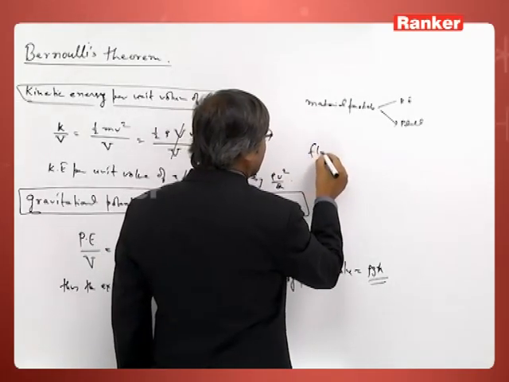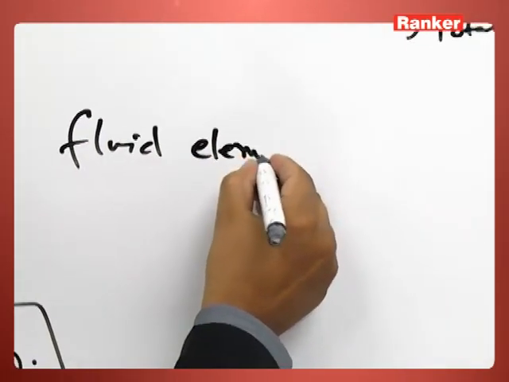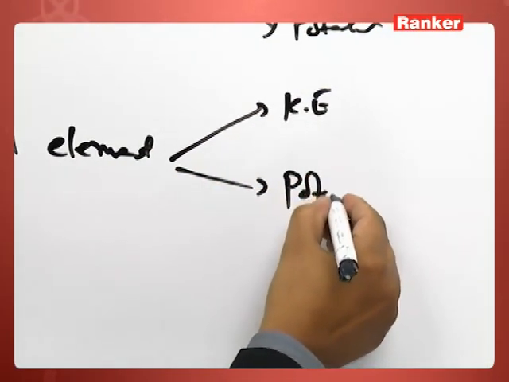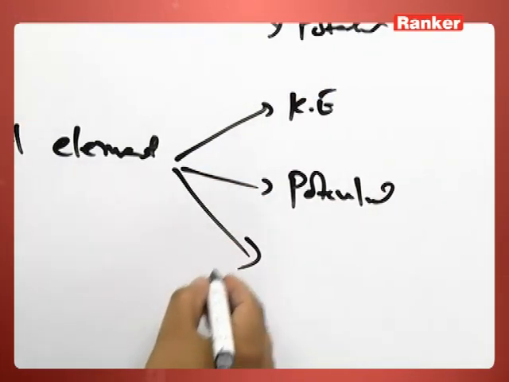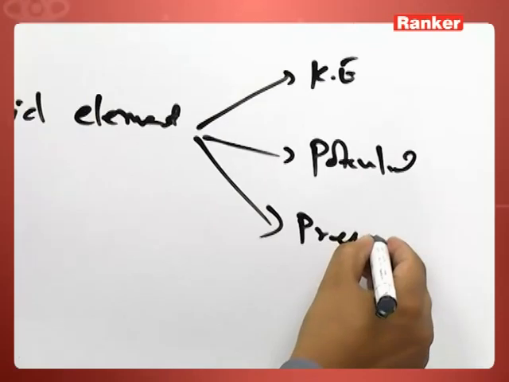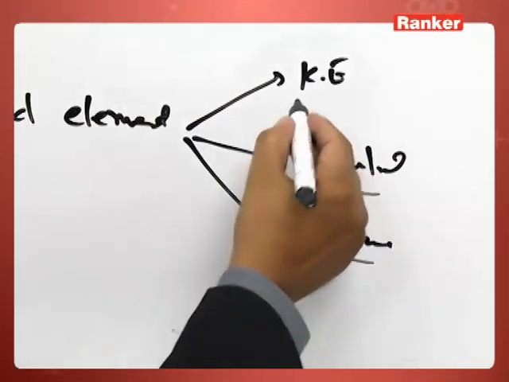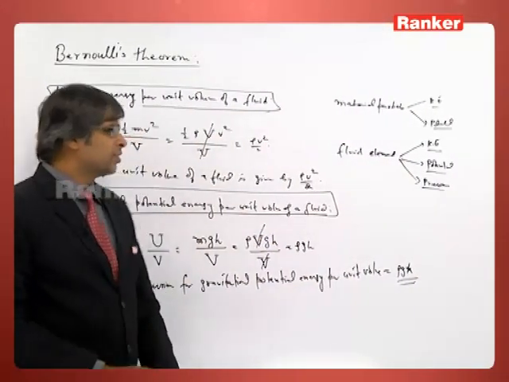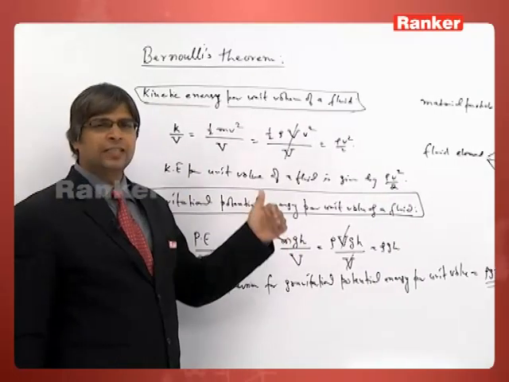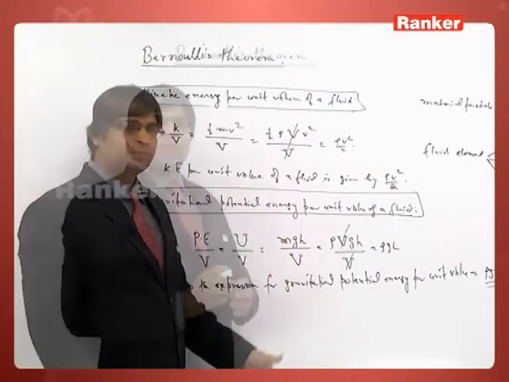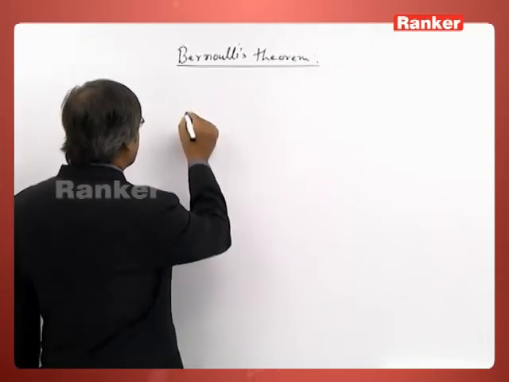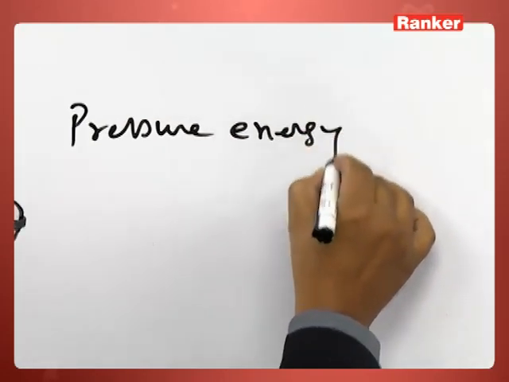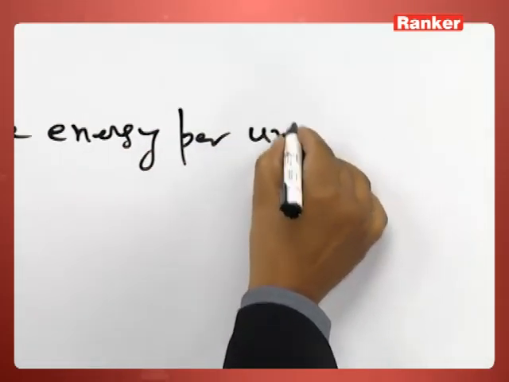But a fluid element contains three energies: kinetic energy, gravitational potential energy, and then pressure energy. So let us see the third, that is pressure energy per unit volume.